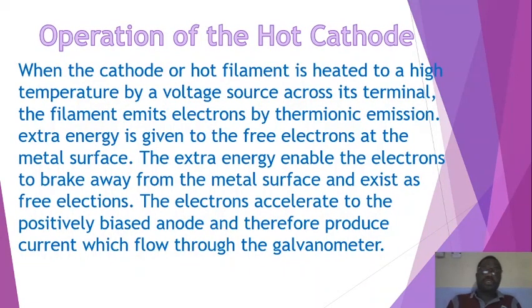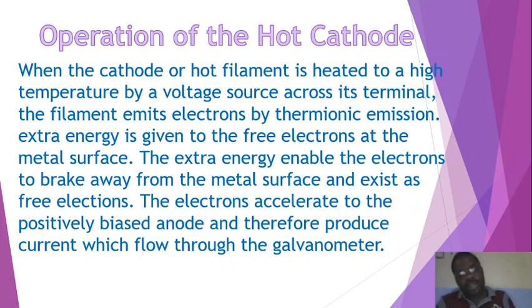Now, let us discuss the operation of the hot cathode. We said that when the cathode or the hot filament is heated to a very high temperature by a voltage source across its terminal, the filament emits electrons by thermionic emission.